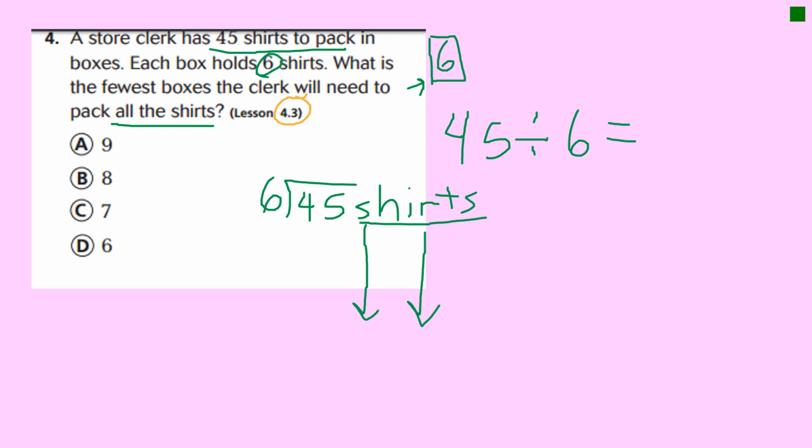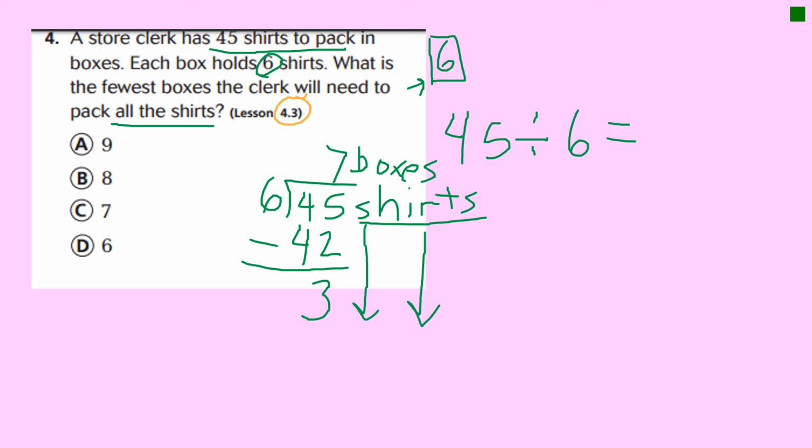Okay, so we were just talking about basic facts here. 6 times 6 is 36. 6 times 7 is 42. Okay, so we can separate the shirts into 7 boxes.